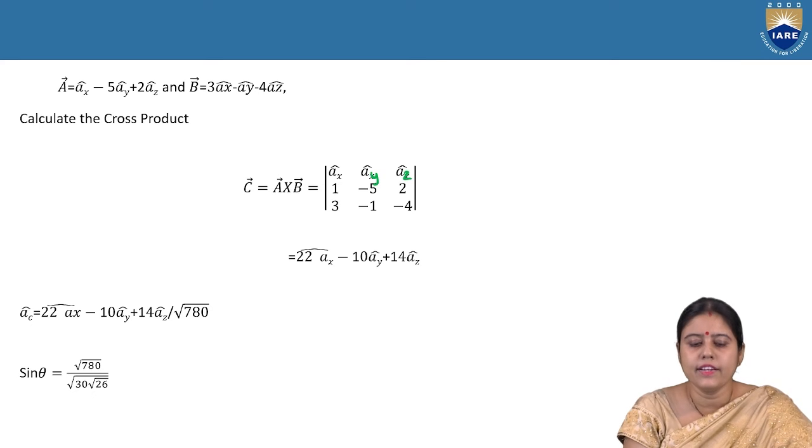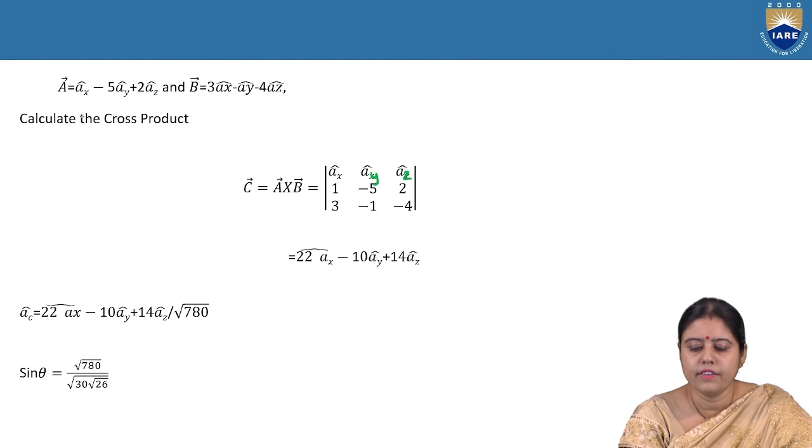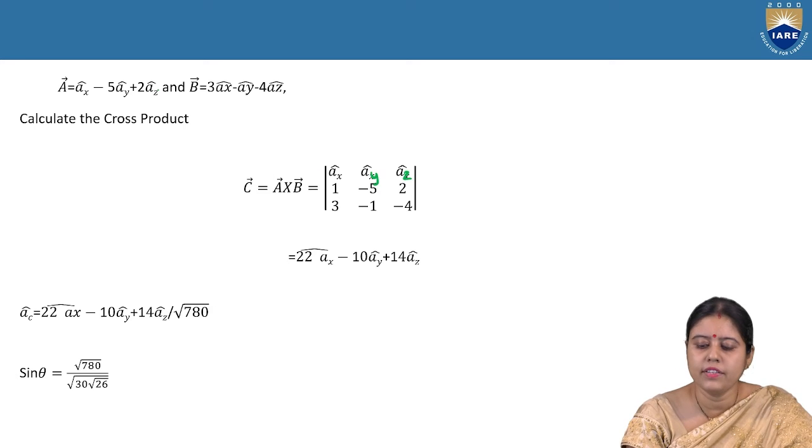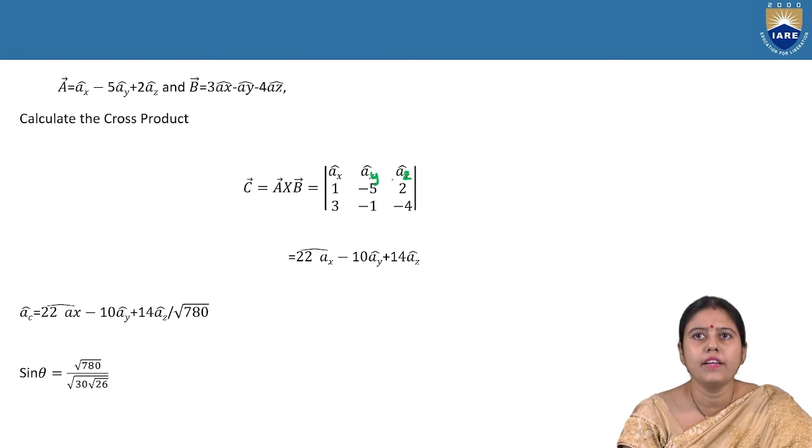First we will write the coefficients of the A vector. AX is 1, AY is minus 5, AZ is equal to 2. For B, 3, minus 1 and minus 4.